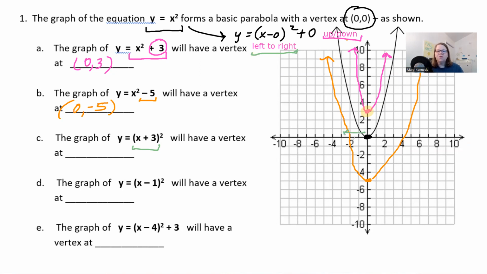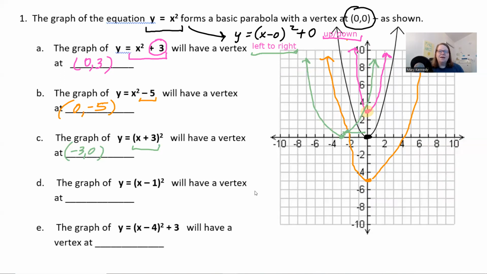If x plus 3 is in parentheses, just know that it's the opposite, and that means it's going to go left 3. So the graph for this one is going to be left 3 and still this nice happy little parabola shape. So the vertex is at (-3, 0). There's nothing after that x squared part to tell us to move up or down. So we just go left or right in that problem.